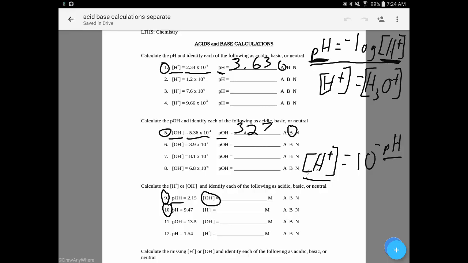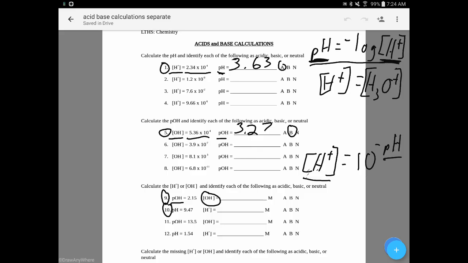All right, so we'll start with the first one. pOH is 2.15. So we just take the 10 to the negative. On calculators, that's normally the log button, but you press second.